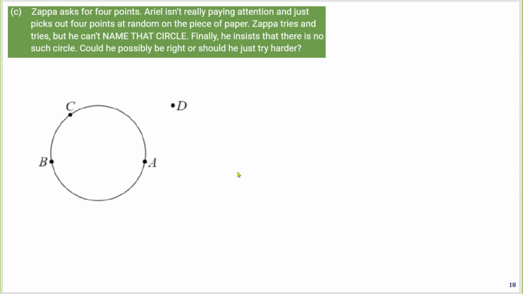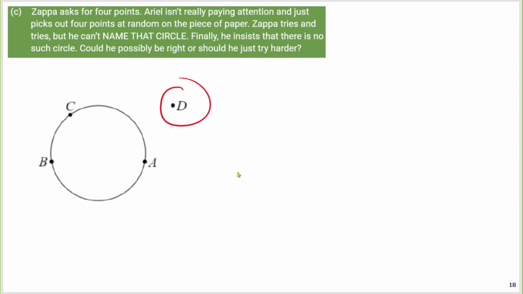So let the points be A, B, C, and D. As described in the previous part, there is only one circle through A, B, and C. But this circle doesn't have to go through point D. For example, we could pick another point here, which is outside the circle. If we pick 4 points at random, there doesn't have to be a circle that passes through all of the 4 points, right?